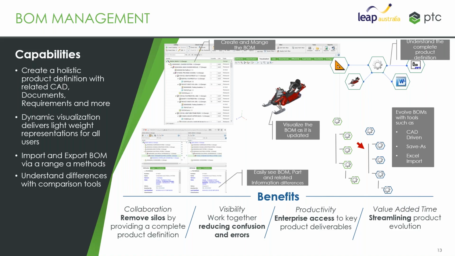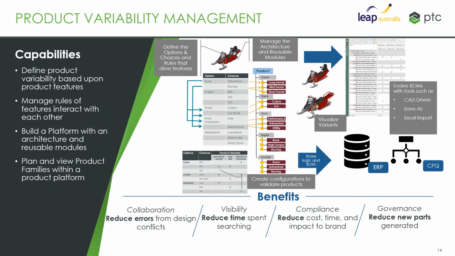Okay, so once you've got that BOM, you might have an engineering BOM, but you might have something more complex than that. Here we might start to talk about product variability. Maybe you don't just produce a golf cart, maybe you've got a whole family of golf carts. Or when you offer a golf cart, you might have a whole bunch of options and variants that the customer can choose from.